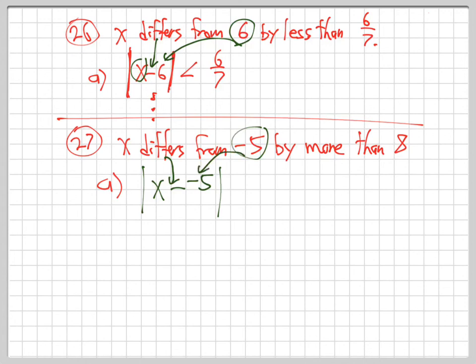Did you see that? More means greater than 8. So yeah, it'll actually end up being x plus 5, won't it, in the end, when it's simplified. Everybody see that? And then they'd have you solve it in part B, but we solved enough of them.